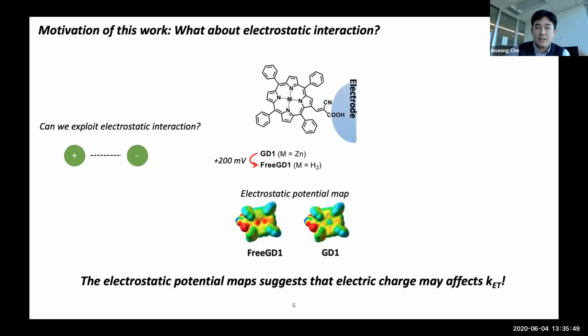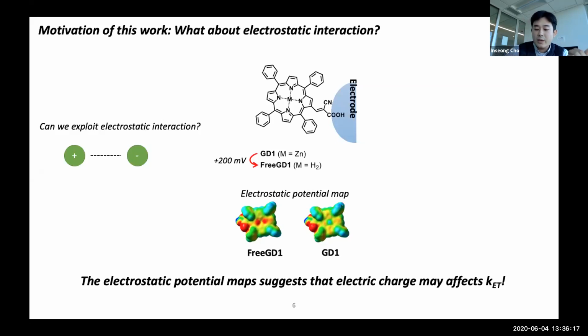Not only that, but here you can see on the electrostatic potential map that by inserting zinc ions into the porphyrin cavity, we can change the electron density at the center of the porphyrin. As compared to the zinc one, free base GD1, which doesn't have a zinc ion incorporated into the porphyrin cavity, has higher electron density.